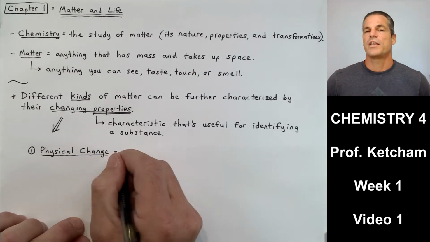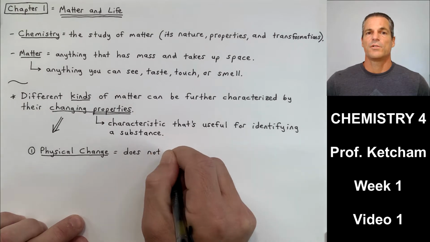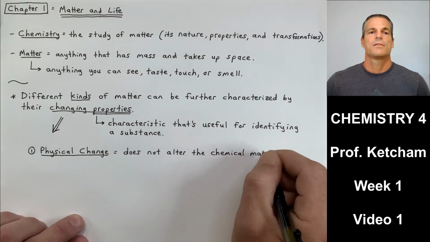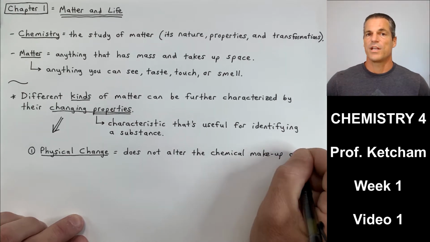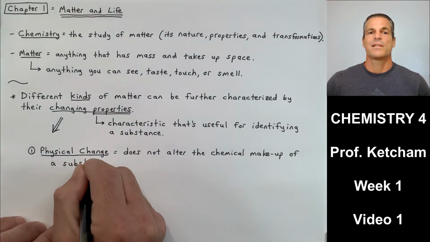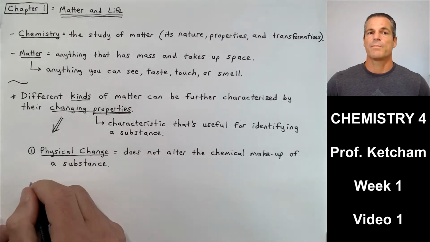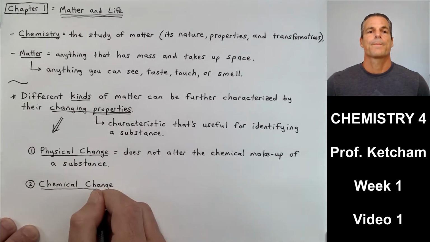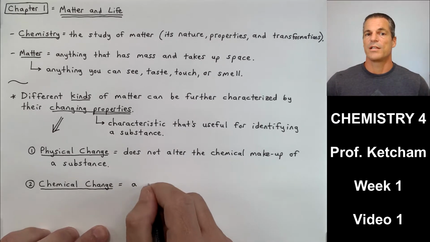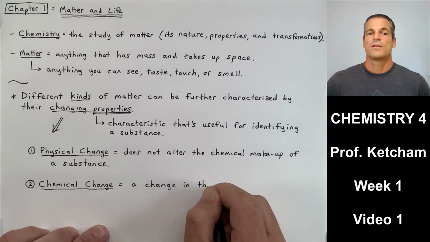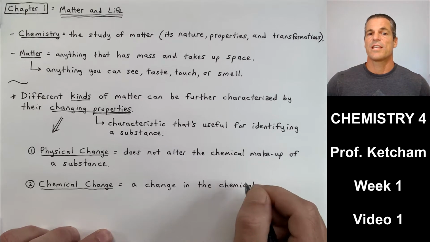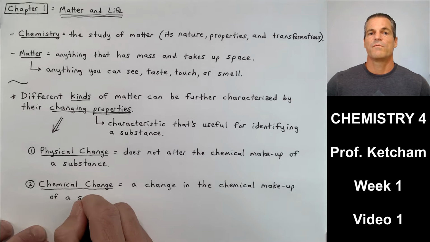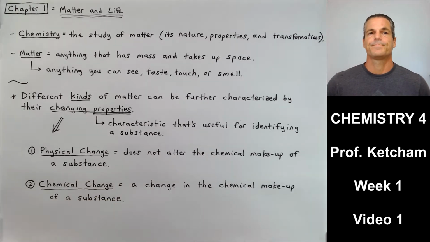When we talk about changing properties, it usually follows that we'll talk about physical changes and chemical changes. Number 1, a physical change, is something that does not alter the chemical makeup of a substance. We'll go through some examples in just a second. Number 2 is a chemical change, a change in the chemical makeup of a substance. Chemical changes are often viewed as chemical reactions.